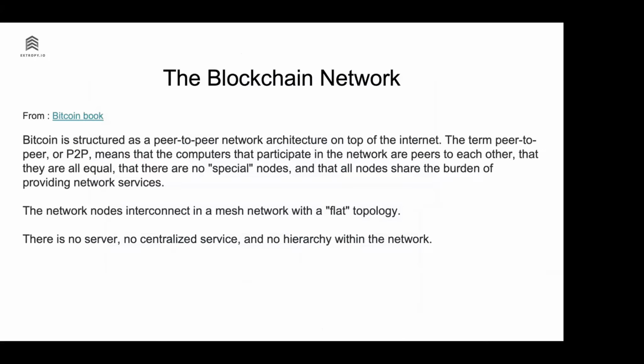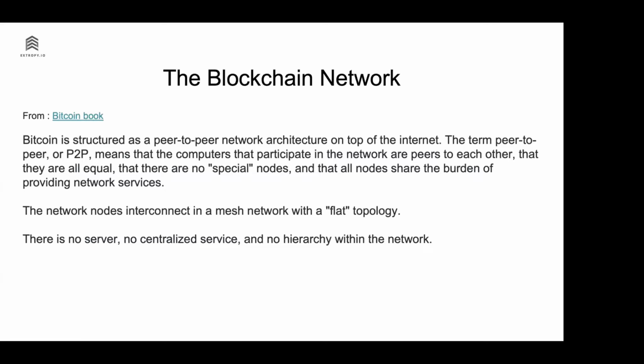Okay, so to look at the network, as I said yesterday, we have this idea of a peer-to-peer network, and the history of this came out of the networks at the beginning of the century that were involved in file sharing, etc. But it's important to understand that the participants in our network have this flat hierarchy.